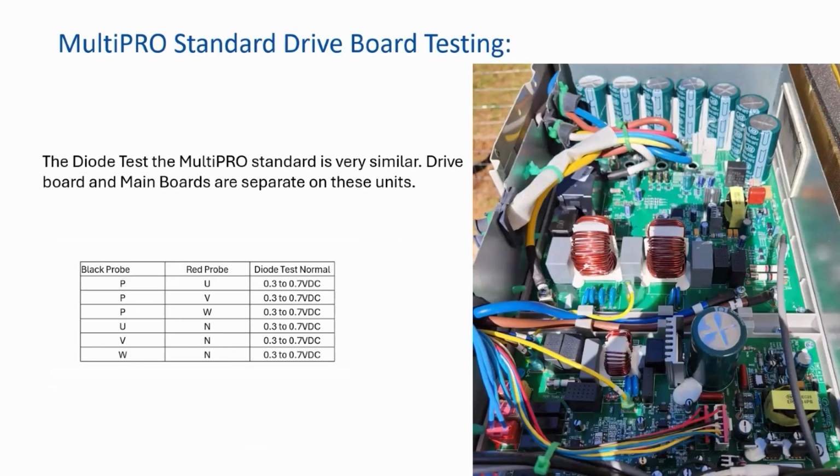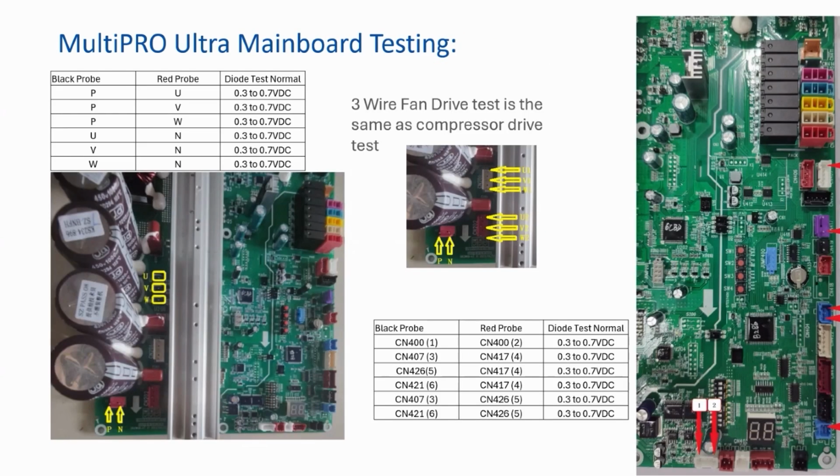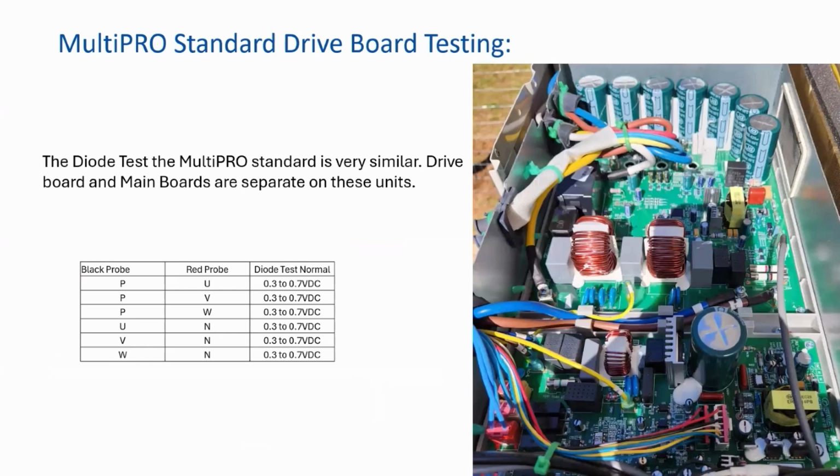This is either standard or I can't remember which this picture came out of, whether it came out of a standard or the Beaver Vision Ultra. But this is how you do a drive board test on those machines. The test is the same. You're still doing it from P and N. If you look right here, there's P and N. And here's your U, V, and W. And it's the same thing here.